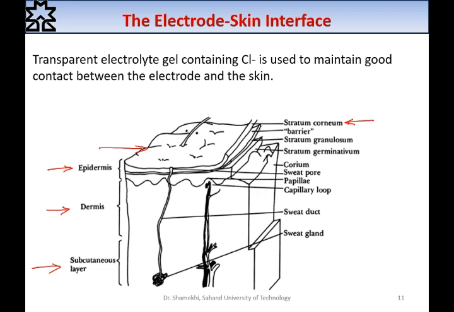Therefore, the ions inside this layer cannot move easily, freely, so the conduction of this layer is very low. And the deeper layer, because of its vessels and sweat ducts, has good conduction.